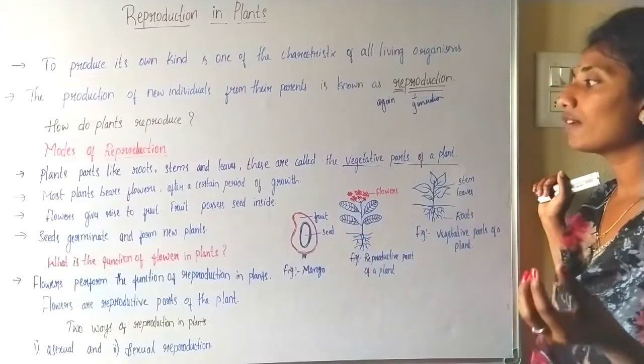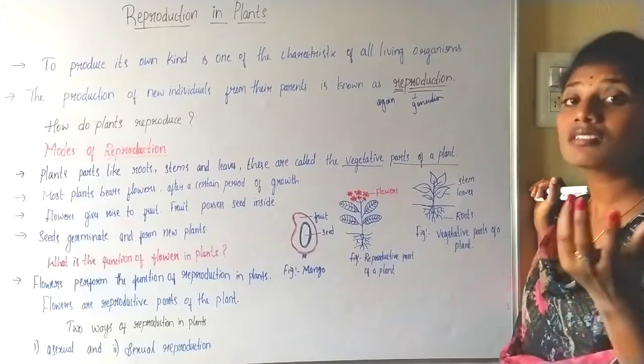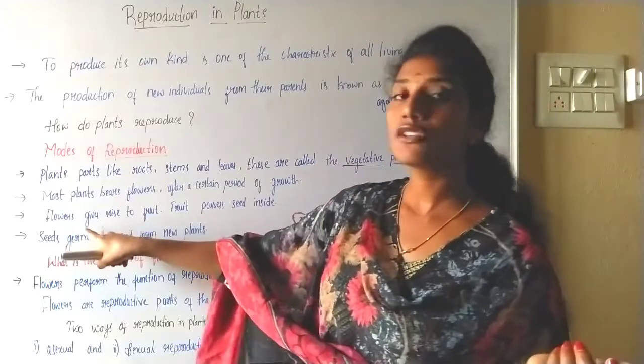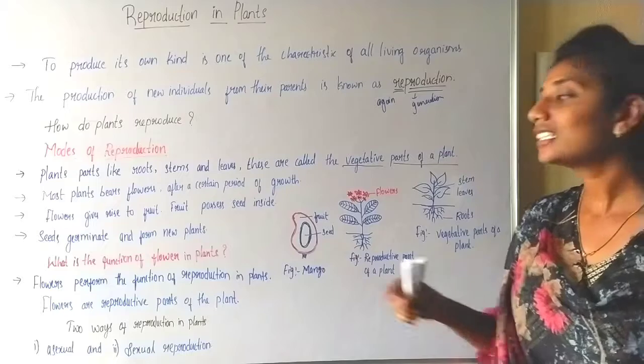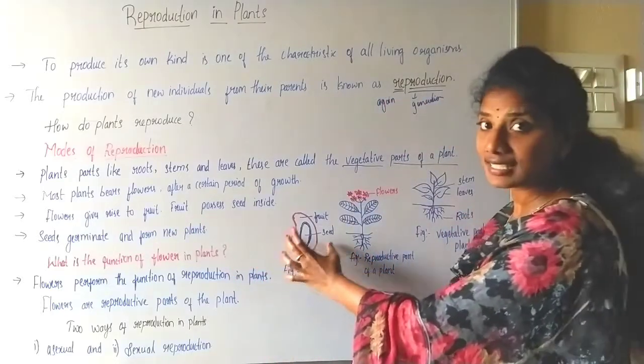So these flowers are produced only after some period of growth. These flowers will give rise to a most important part of a plant, that is the fruit, right? So when you take a mango, this is a mango, right?